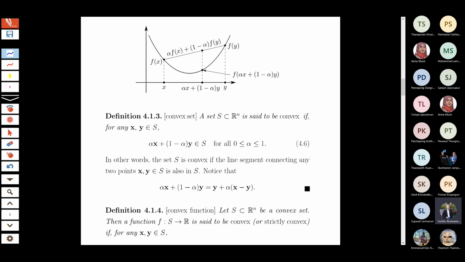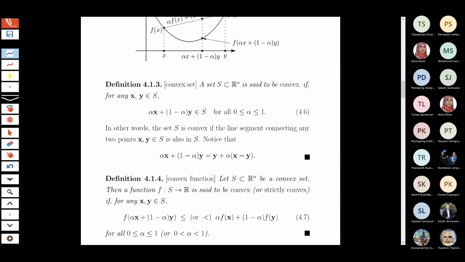S is a subset of Rn, and the subset S is said to be convex if for any two points x and y in the set S, the combination alpha x plus 1 minus alpha y is also a point in the set S for all scalar alpha between 0 and 1.